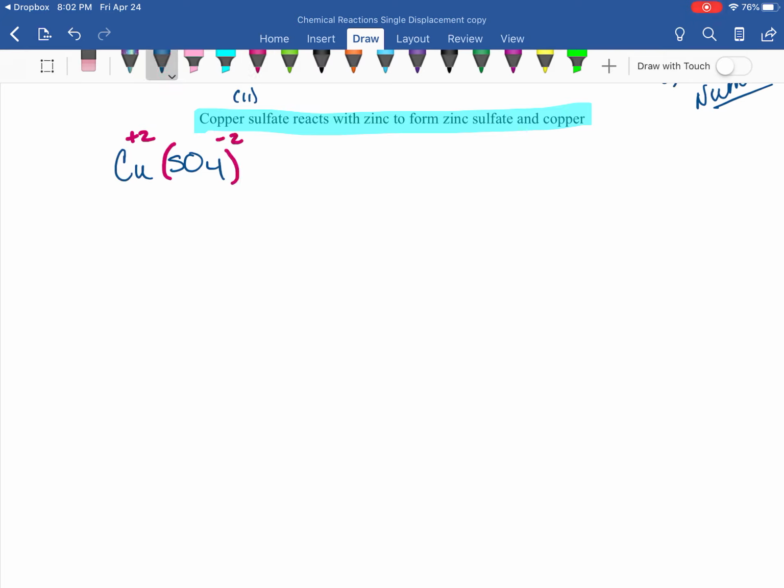Well, otherwise we don't know what our formula is. We can't possibly draw that. Then our sulfate, when we look at the common anion sheet, we've got a -2 on there. Perfect. And then it reacts with zinc. That looks like just elemental zinc. And then we're going to form zinc sulfate.